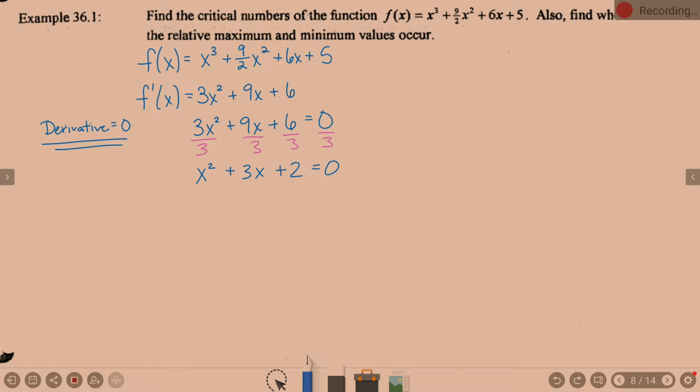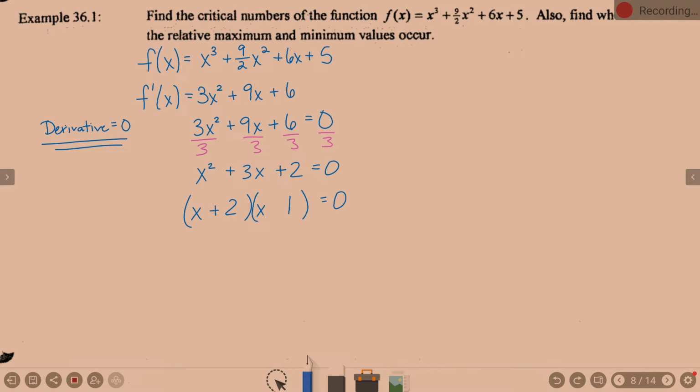This is where I said I don't like completing the square, because that's way too difficult for this level of a problem. x squared plus 3x plus 2 factors, right? x squared is x and x. What are my values I need? 2 and 1, right?